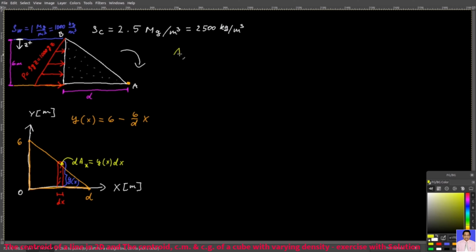And so the area of the cross-section is when I sum up all these differential areas in this cross-section. So I can rewrite it like this: the integral from x equals 0 meters till x equals d meters, because I go from 0 till d, and then I have y as a function of x times dx, and so now I'm just going to put this function right here, and then times dx.